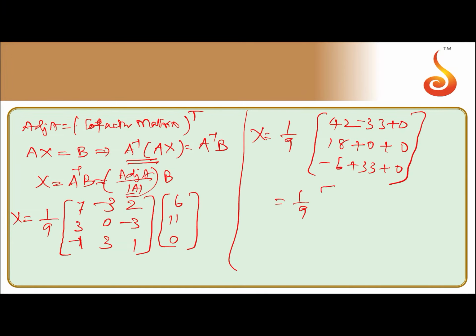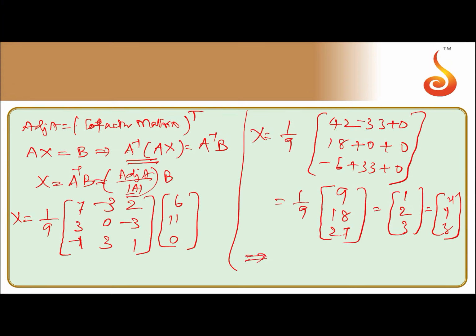That is equal to 1 by 9 times 42 minus 33, that is 9, 18 and 27. Dividing by 9, that is equal to 1, 2, 3. And that X matrix is X, Y, Z. And thereby the solution for this system is X equals 1, Y equals 2, Z equals 3.